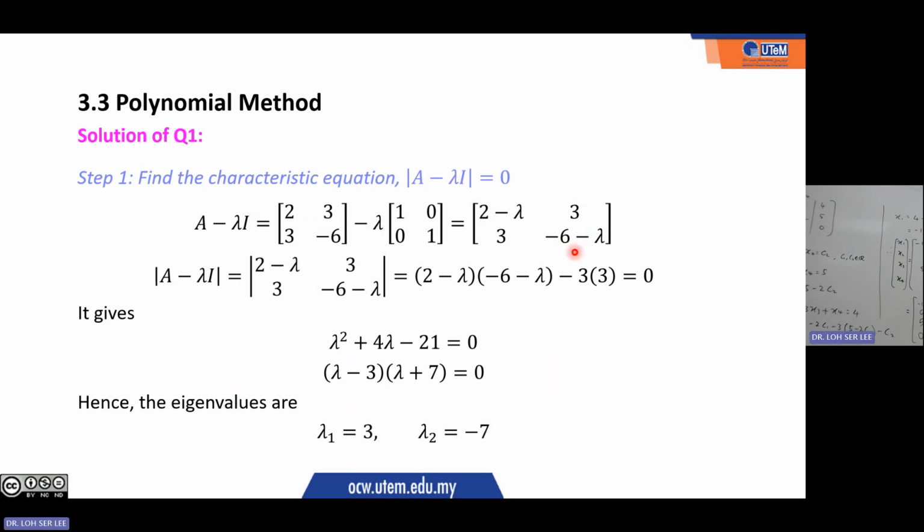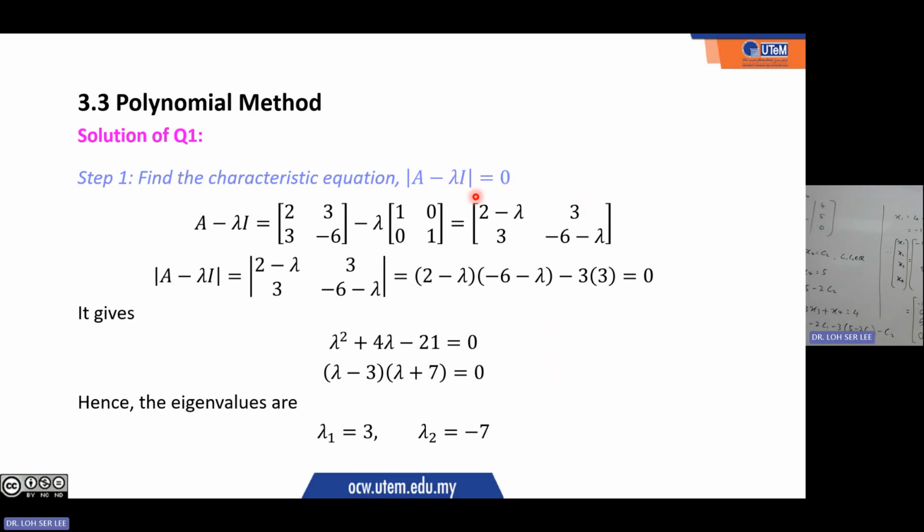In simple words, A minus lambda I means you just need to subtract lambda from the diagonal entries. Only the diagonal entries minus lambda. So 2 minus lambda, -6 minus lambda, and the rest remain the same.